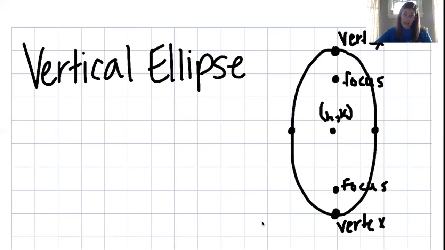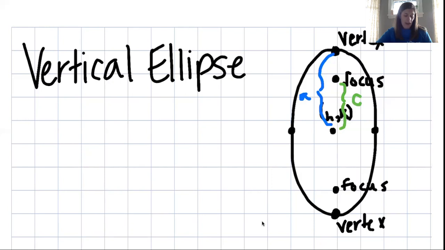So those are going to be very similar to what we had talked about in the previous video, where if you're at the center point and you go up to the vertex, you're traveling a distance of A. So A is the distance from the center to a vertex. And if you're at the center point and you go up or down to the focus point, then you're traveling a distance of C. C is defined as the distance from the center to the focus.